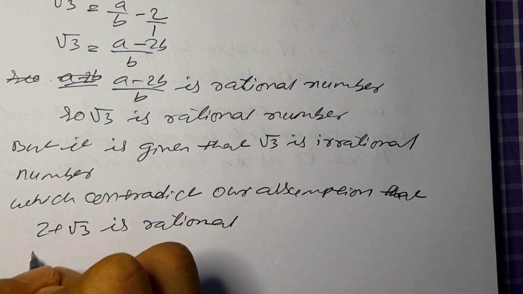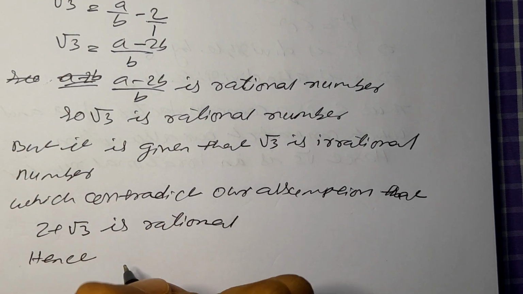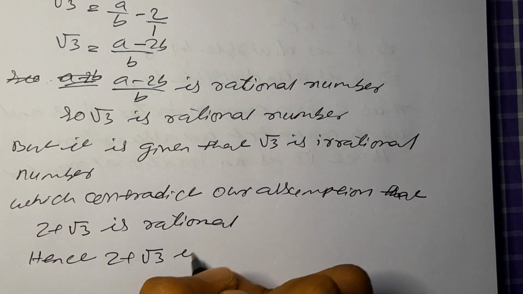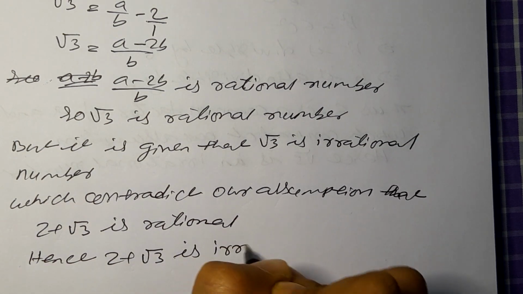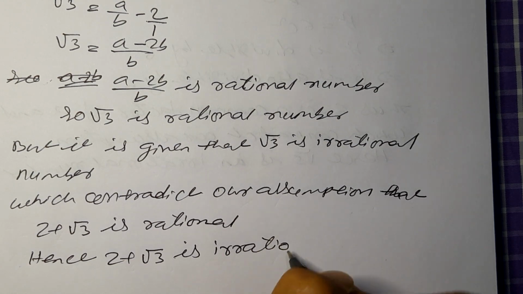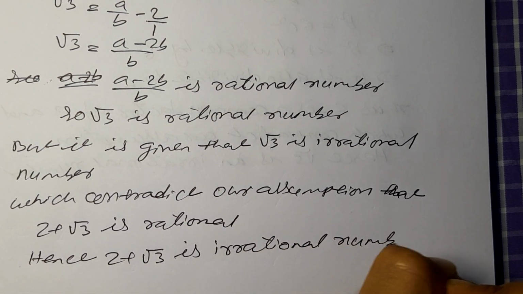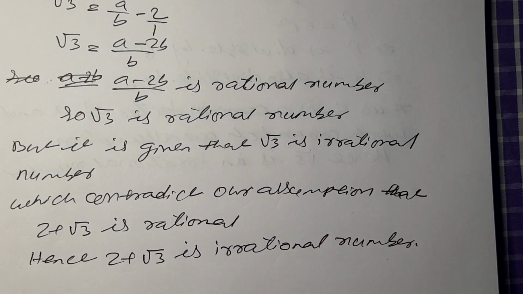Hence 2 plus root 3 is an irrational number.